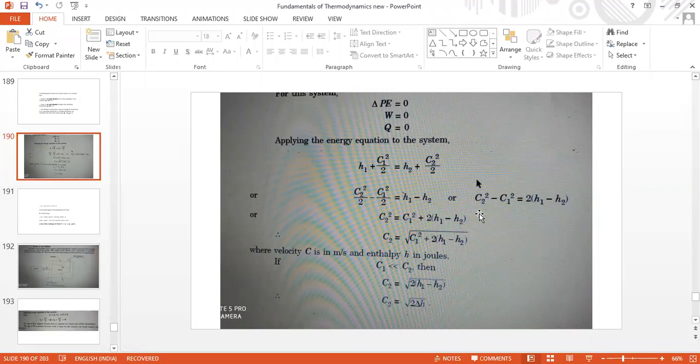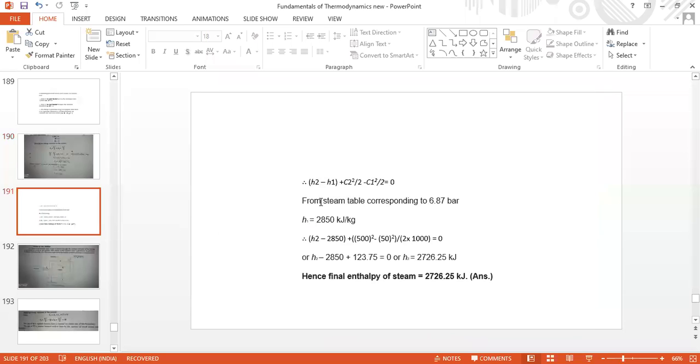By rearranging, C2 square minus C1 square by 2 equals H1 minus H2. By looking at this formula, I told you every time that you need not remember all these things in the equations. I ask you every time to remember the fundamental equation whenever a problem is given. And if you write this fundamental equation, how H1 is found, we will see in the steam tables.